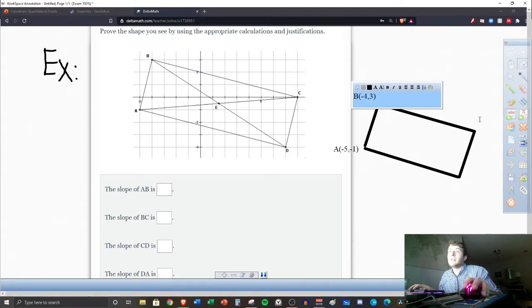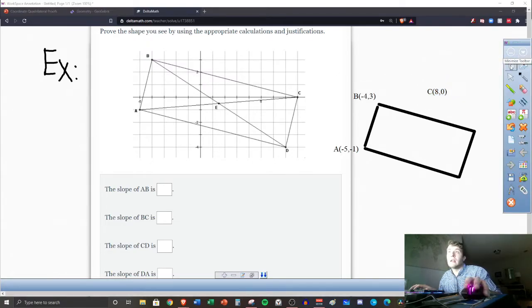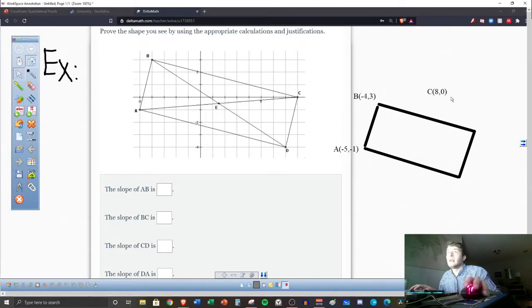Alrighty, let's do C. So C is going to be, that is positive, let's see, 5, 6, 7, that's +8. Y value 0. So we'll put the C right here.